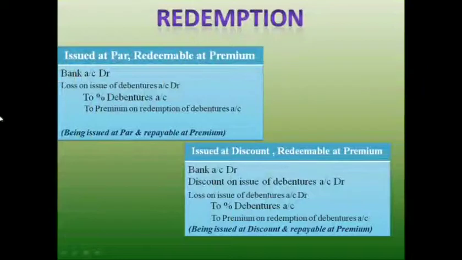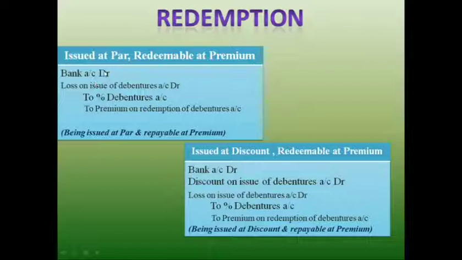Moving on to the next concept. When it is repayable at par, we just saw the journal entry. When it is repayable or redeemable at premium, the journal entries are like this. When it is issued at par, it's bank account debit to debentures. When it is repayable at premium, on the credit side we will have to credit the premium on redemption. When you repay the debentures at premium, it is a loss to the company, so you debit the loss.